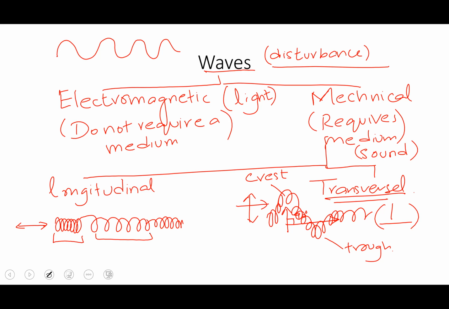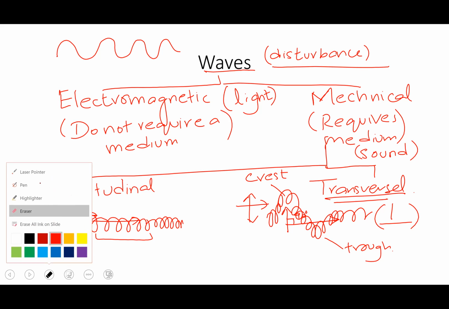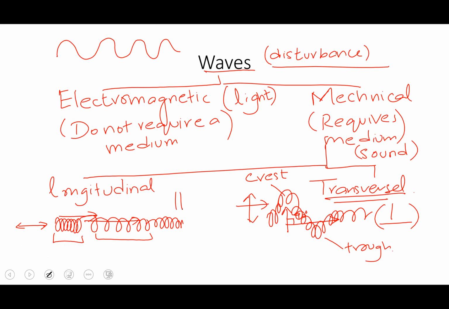In this case, the particles of the spring are moving in the same direction as the wave motion. If the particles and the wave motion are moving parallel to each other, then it is known as a longitudinal wave. The compressed part is known as the compression region, whereas the stretched part is known as the rarefaction.